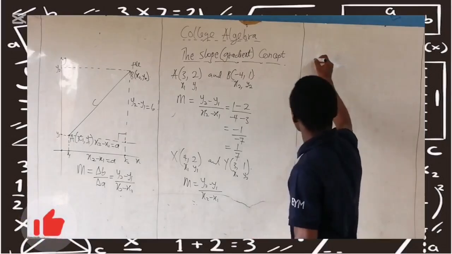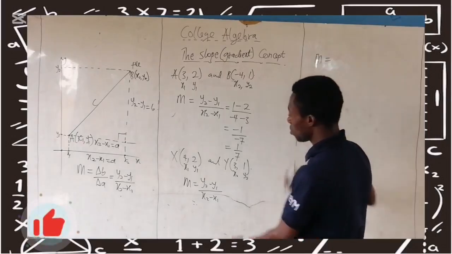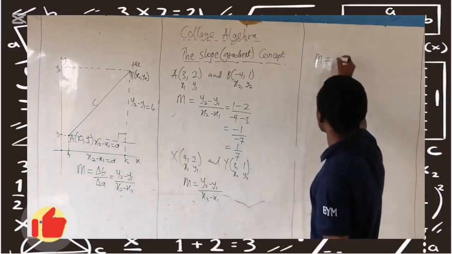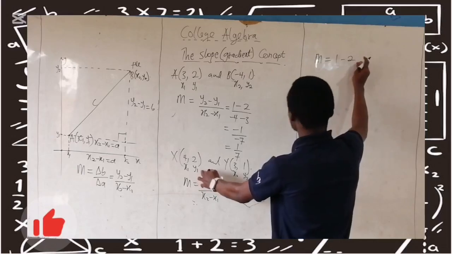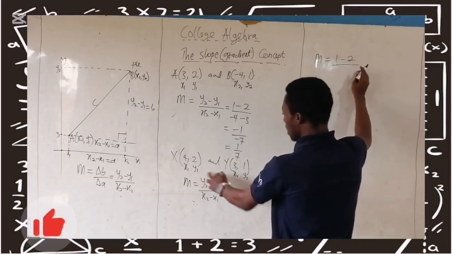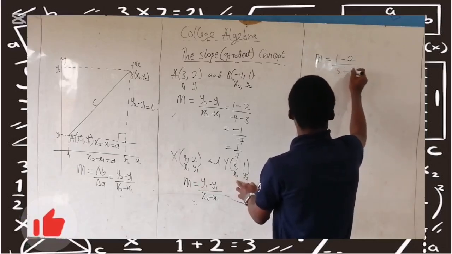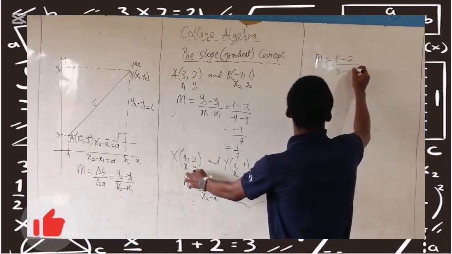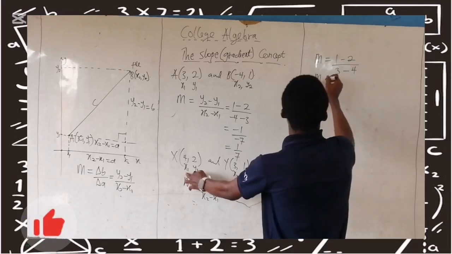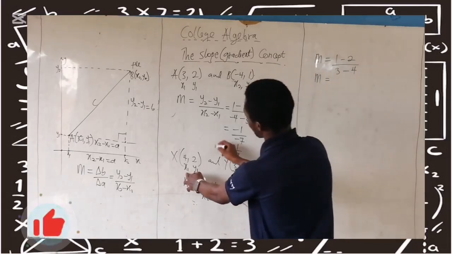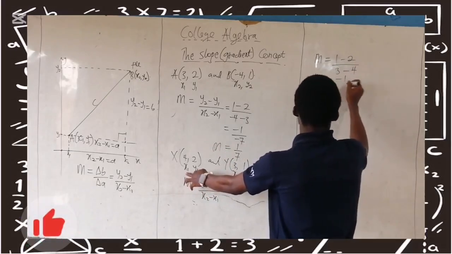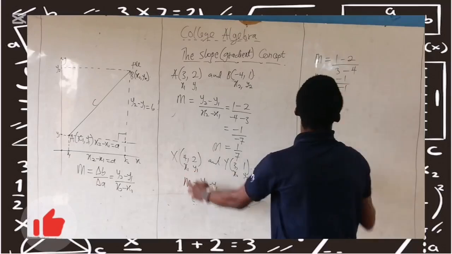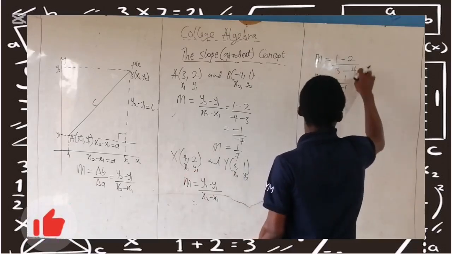We will have m to be equal to, I know my y2 is 1, then y1 is 2, so 1 minus 2, divided by my x2, which is 3, minus x1, which is 4. So I'll have m to be equal to negative 1 over negative 1.